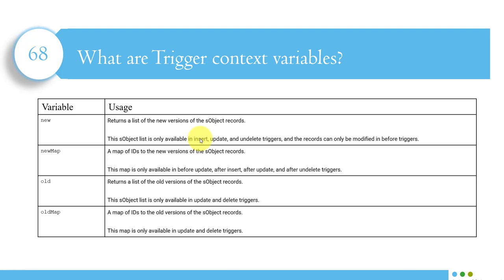When I'm entering it for the first time, that is a new version. As soon as I click save, it is a new version. But when this Ashfaq Muhammad contact is not at all there in Salesforce, the old version doesn't exist. That is the reason the new version is only available on insert. Old version returns a list of old versions of the object, which means what is already there in the database.